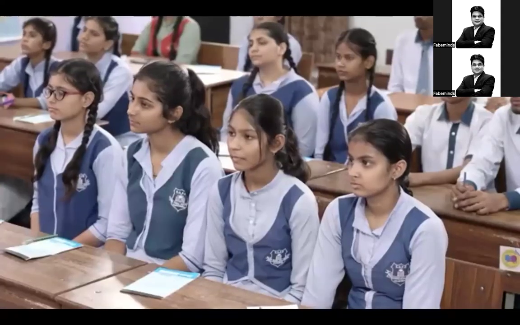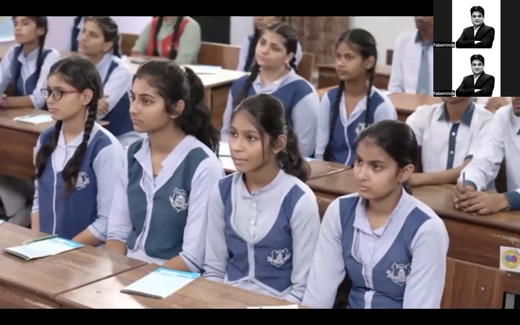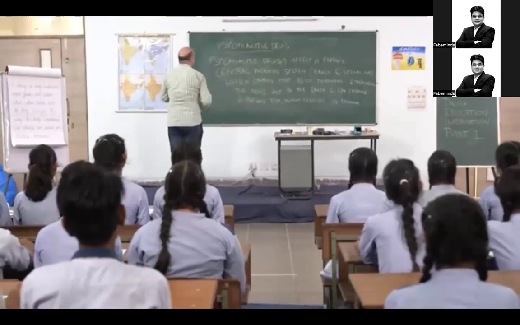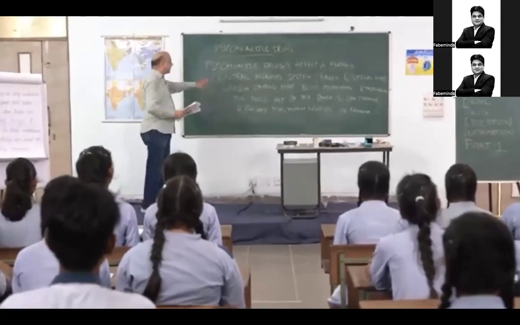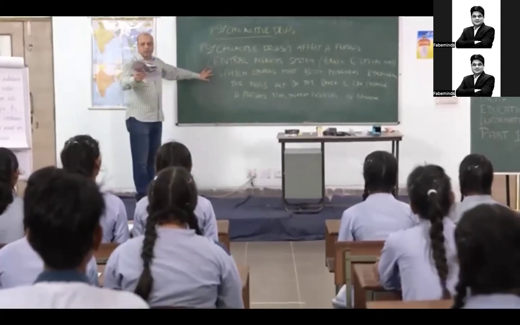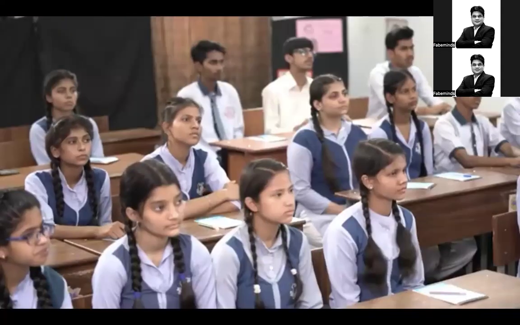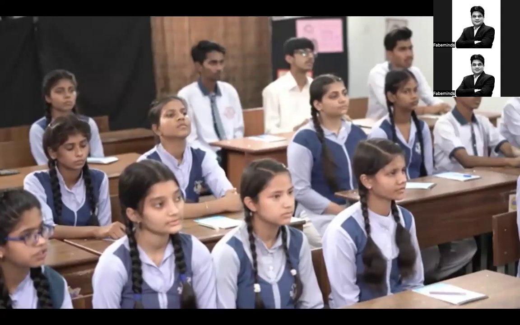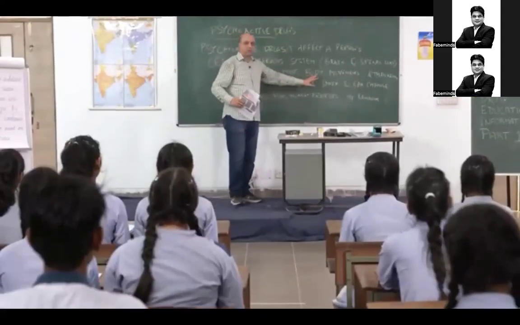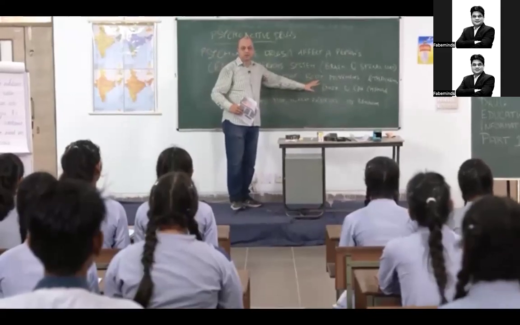So now as we proceed, we are going to discuss what psychoactive drugs are. Psychoactive drugs affect a person's central nervous system, which I just shared with you, our brain and spinal cord, which controls most of our body movements.